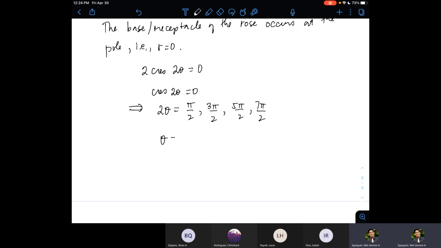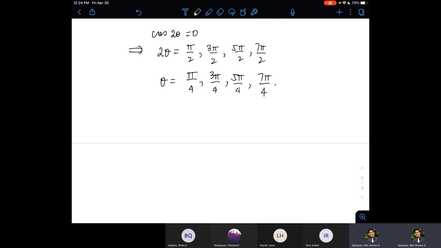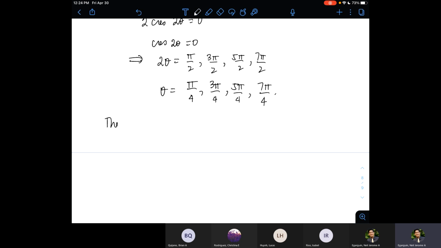And then we divide both sides by 2 to get pi over 4, 3 pi over 4, 5 pi over 4, and 7 pi over 4. So these are the receptacles of your rows. These are the theta values when the point corresponding to them will be the pole, right?